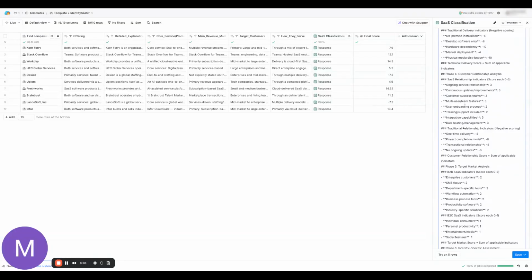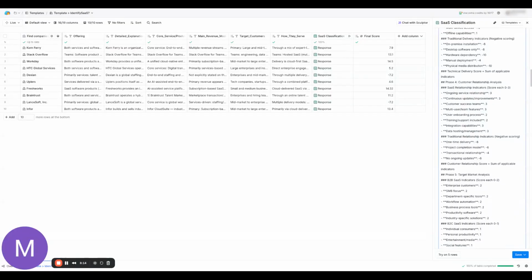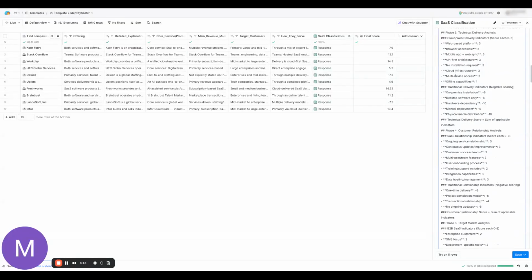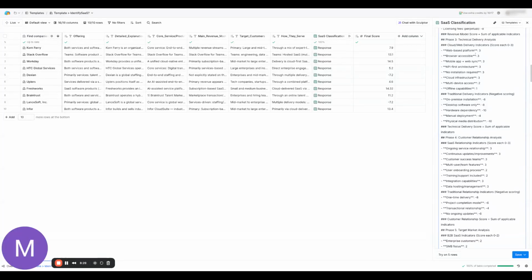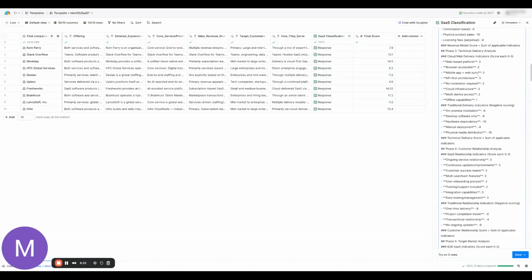If you see this pattern, like if they have an ongoing service relationship, then it's plus 3 points. But let's say if they have desktop software only, that's not a good thing. For me, I don't want to target them, I just remove them. So I do minus 8. Or if there is anything like a web-based platform, that's a plus 3, because that means this might be a SaaS company.